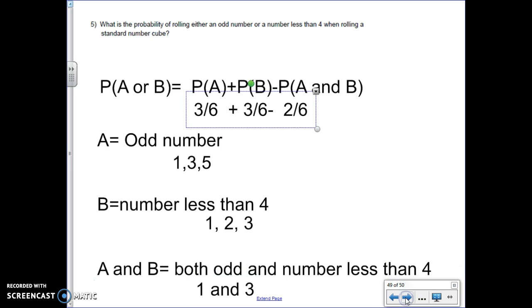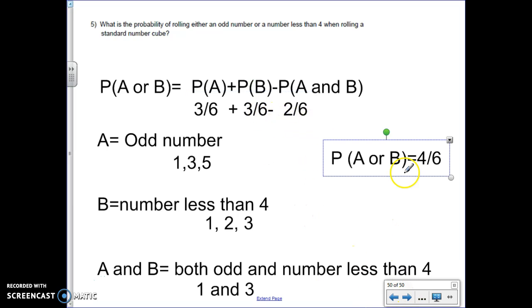Nothing else. So 3 out of 6 is the probability of rolling an odd number, 3 out of 6 is the probability of rolling a number less than 4, and 2 out of 6 is the probability of rolling both. So I'm taking 3/6 plus 3/6 minus 2/6, and I get the probability of A or B to be 4/6, or 2/3.